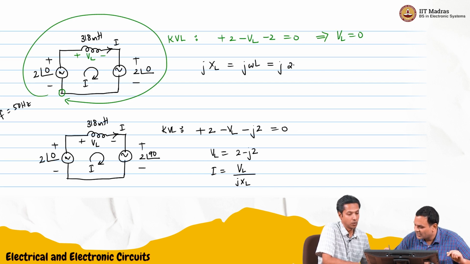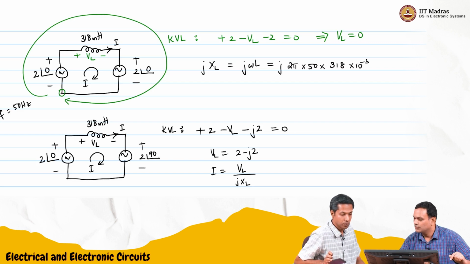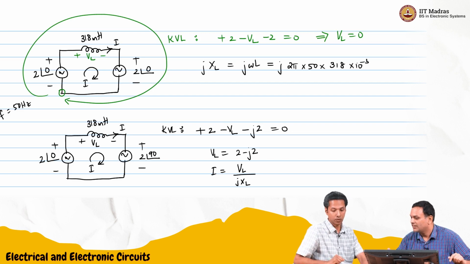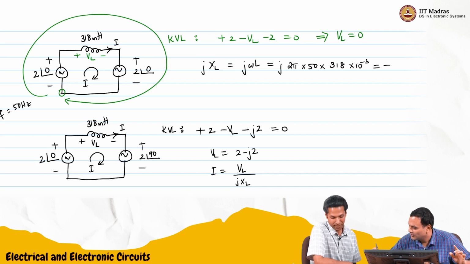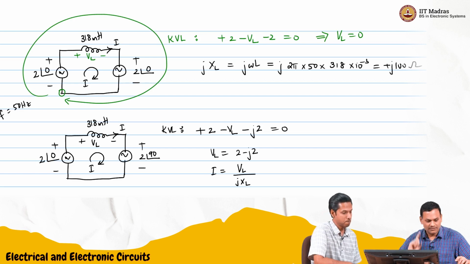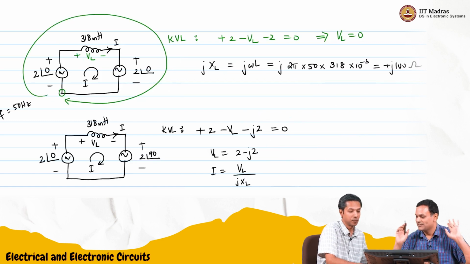So this is j times 2 pi times 50 times 318 millihenry. 2 pi into 50 is 314. 314 into 318 times 10 to the minus 3 is 100. So plus j100 ohms. Makes sense.